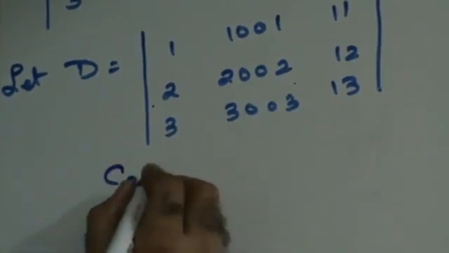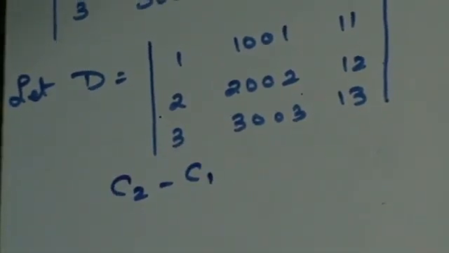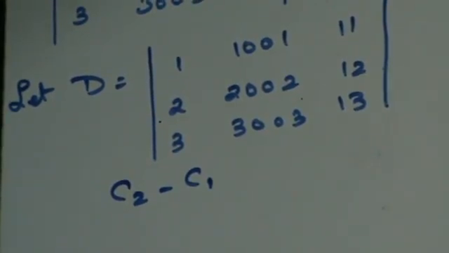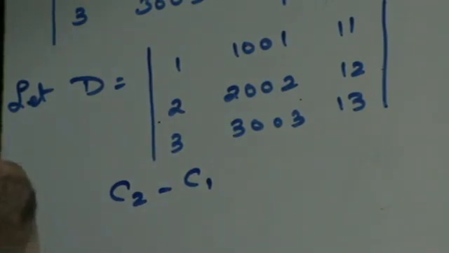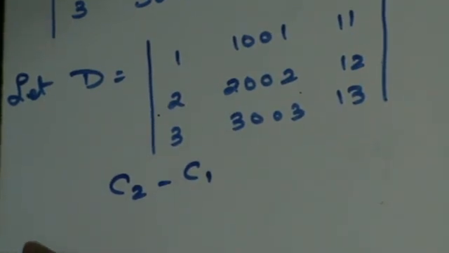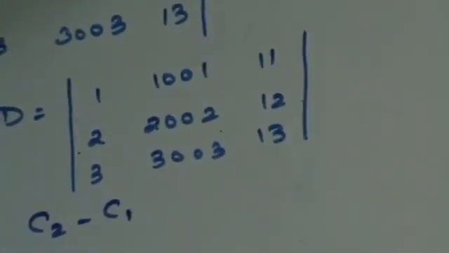Here, suppose I do C2 minus C1, column 2 minus column 1. So in that case, what will I get? If I take C2 minus C1, I can say D is equal to column 2 minus column 1.